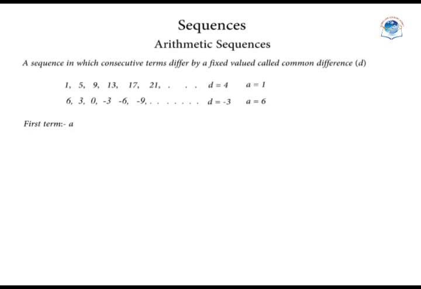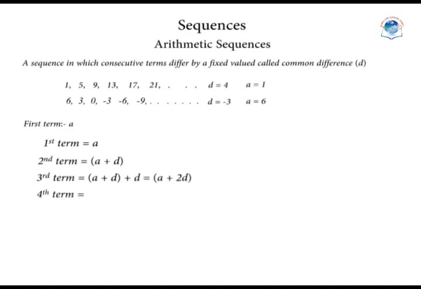Because in an arithmetic sequence the terms differ by D, the first term is A. The second term is obtained by adding D to the first term, and so we shall have A plus D. The third term is obtained by adding D to the second term, and so we shall have A plus D plus D, giving us A plus 2D.